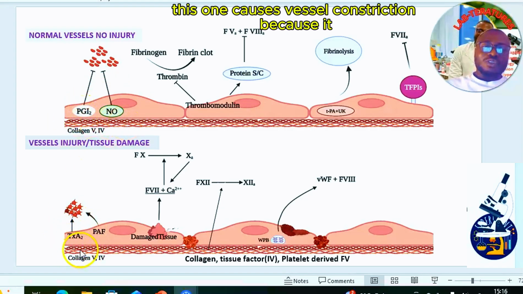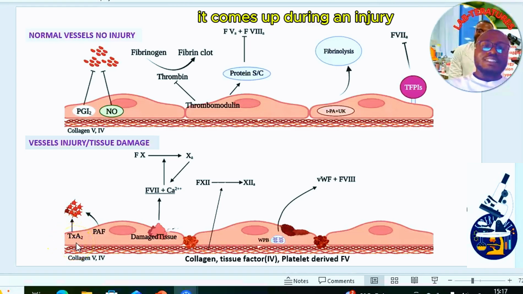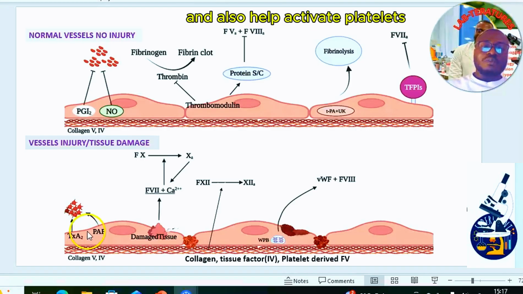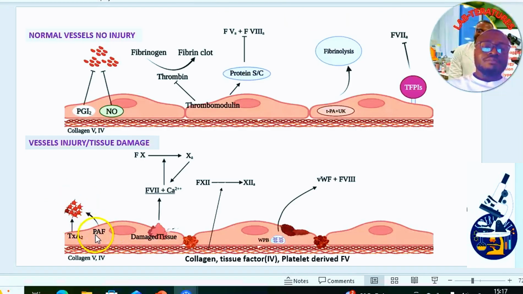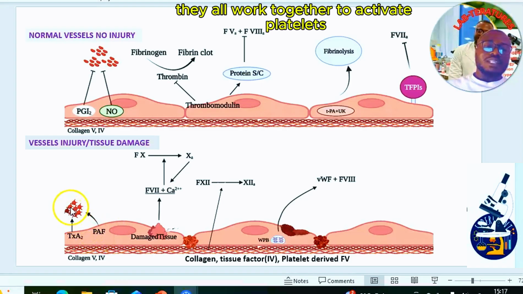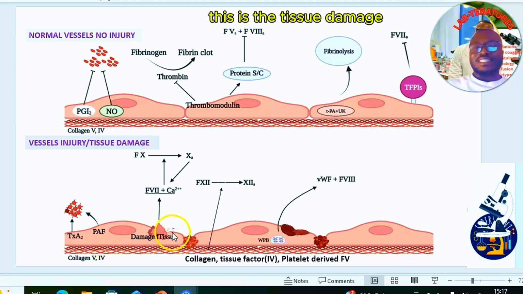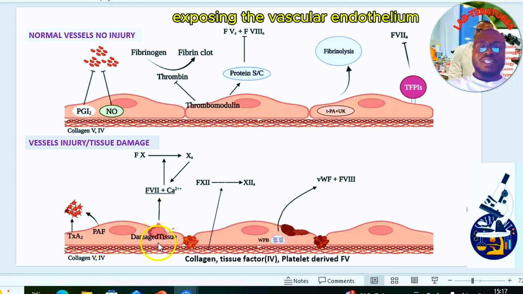This one causes vasoconstriction because it comes out during an injury, which helps the blood vessels to constrict and also help activate platelets. They all work together to activate platelets to be directed onto the path where there is an injury. This is the tissue damage exposing the vascular endothelium and all the factors that contribute to healing or sealing an injury.